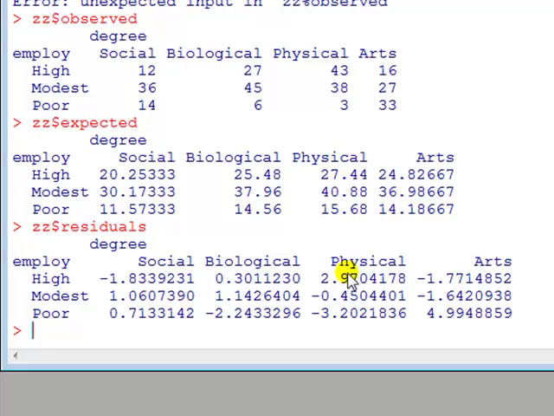And the next high one is this, again for physical science students. What this points to is that physical science students tend to have, on average, higher expectations of a high employment prospect.